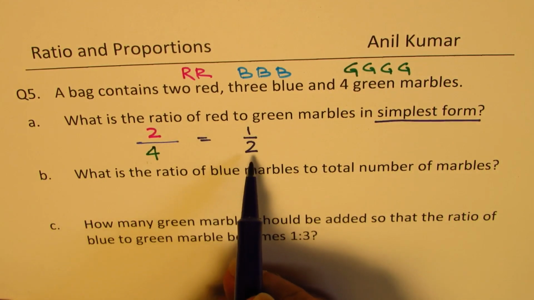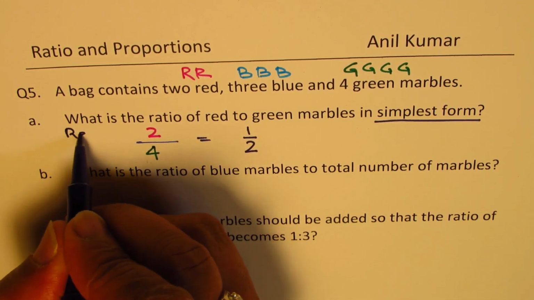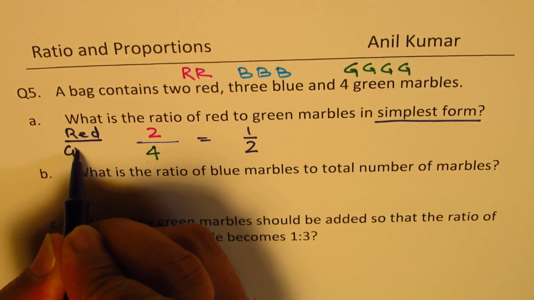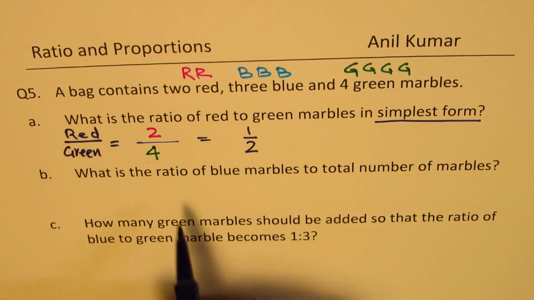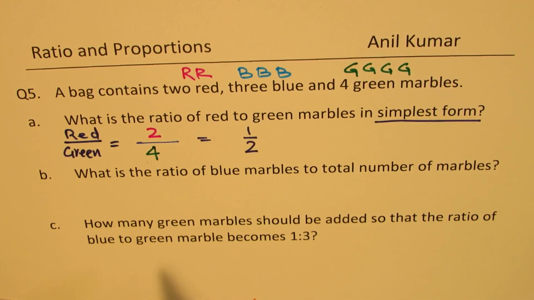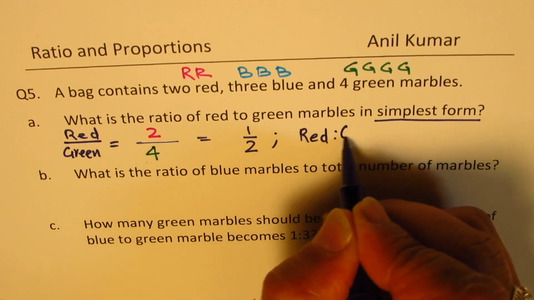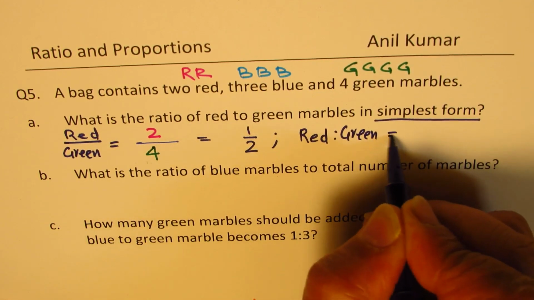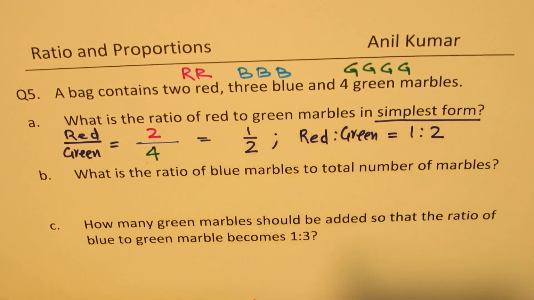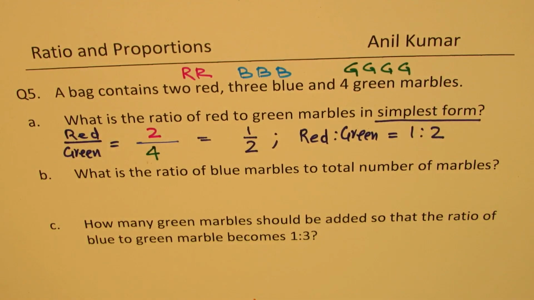So that is how you could write. So red to green is equal to half, 1:2. You could also write this answer as red to green is equal to 1:2. Is that clear to you? Right? So 1:2 is the simplest form.